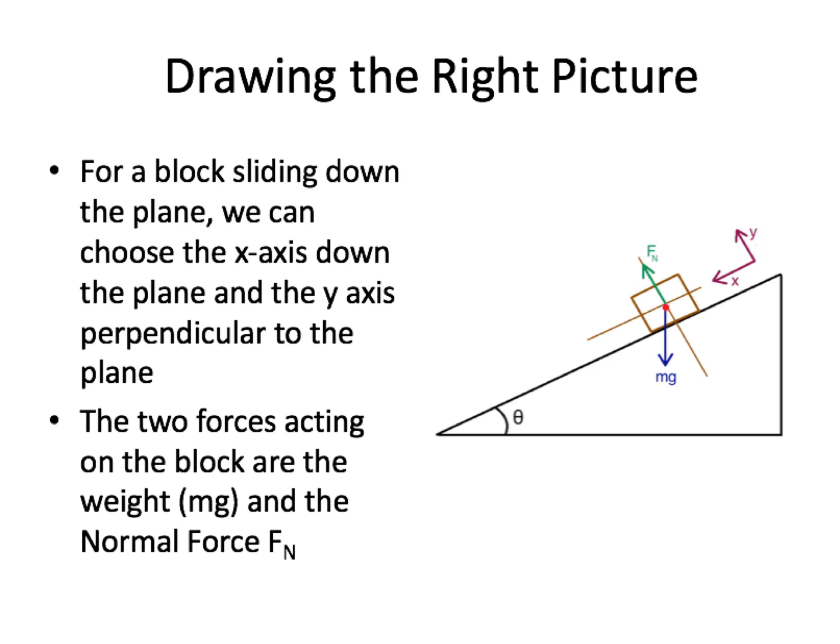Normally mg points in the negative y direction, but because my coordinate system is tilted, mg now has x and y components. So in order to sum the forces in the x and y directions, we're going to have to figure out the x and y components of mg, the weight, in this tilted coordinate system.